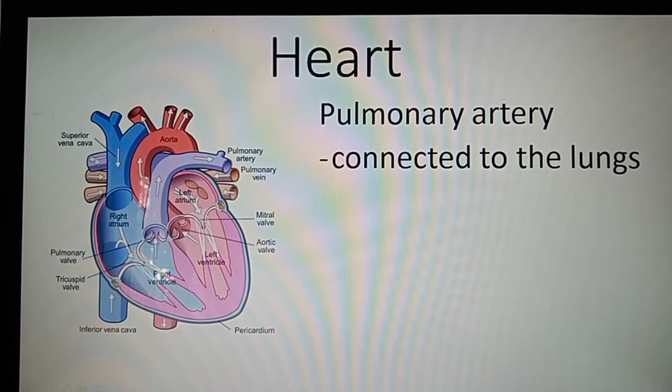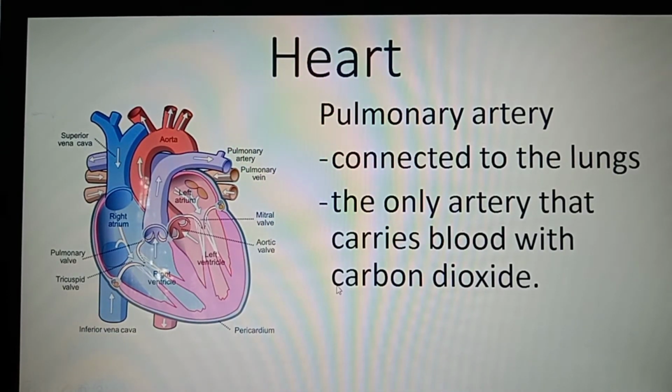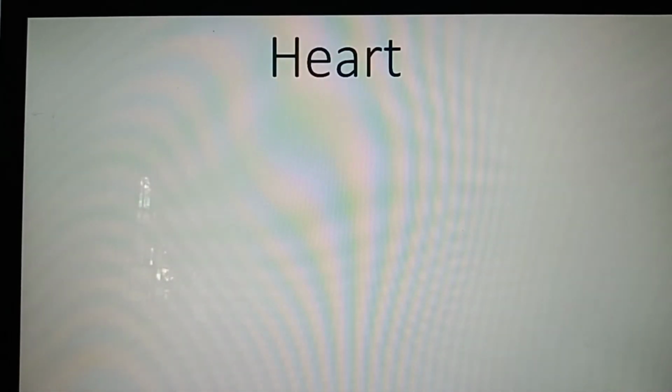So, this is the other pulmonary artery. One, left lung. One, right lung. So, it is connected to the lungs, the only artery that carries blood with carbon dioxide. Next. So, that's the pulmonary artery.